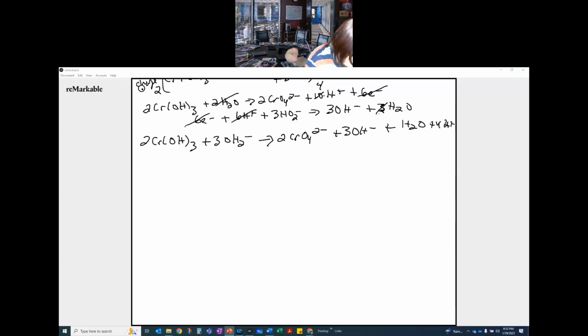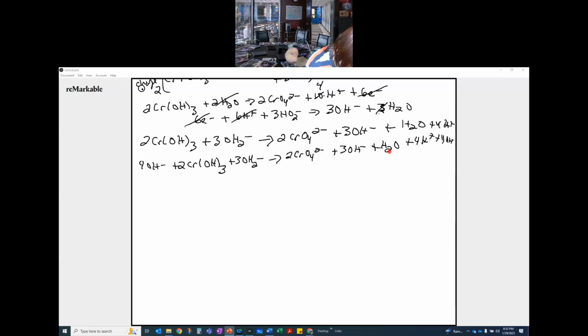4 protons are not acceptable in the basic solution, so I take 4OH minus. 2Cr(OH)3 plus 3HO2 minus gives me 2CrO4 2 minus plus 3OH minus plus H2O plus 4H plus 4OH minus, which becomes water.